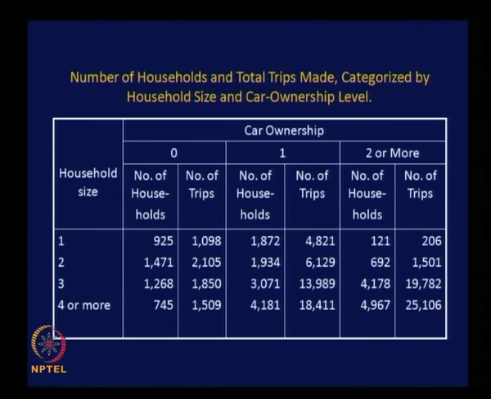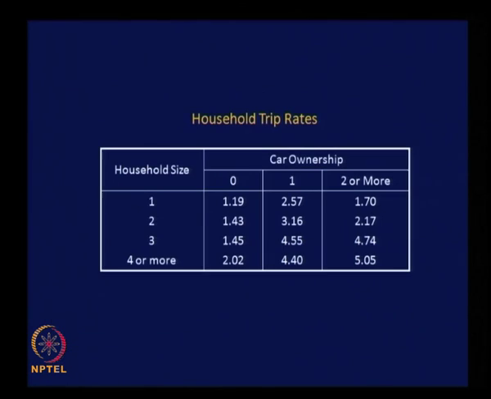Clear? And if you do so, you will get a result of this kind. Household size 1, 2, 3, 4 or more, car ownership 0, 1, 2 or more, and we have got the trip rate for different categories of households. Is that clear?